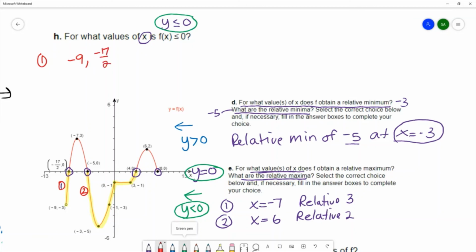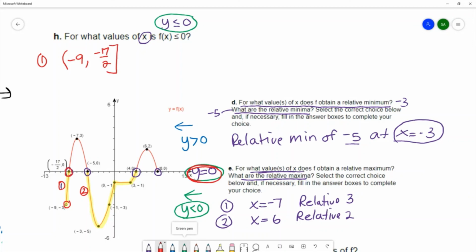So that's covering that section. And I notice that on this end, there's an open circle. So I'm going to put an open circle on -9. But on the other end, it's a filled in dot, which I want to include because that's when y equals 0. So I'll put a bracket.